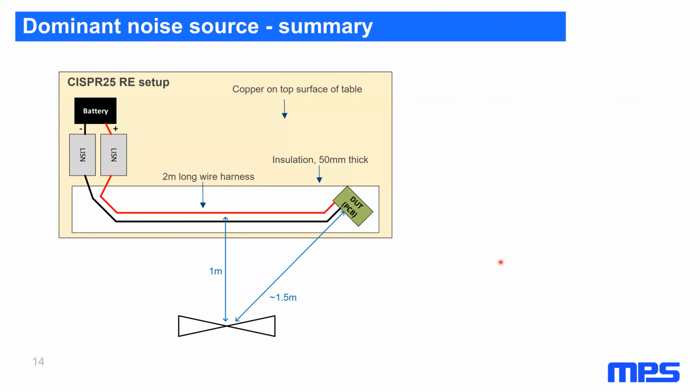So to summarize what we have seen with our experiments in trying to determine our dominant noise source, for the near field measurements or monopole measurements, we determined that our DUT is very much the culprit, in that it's most likely coupling some electric field directly to the antenna.